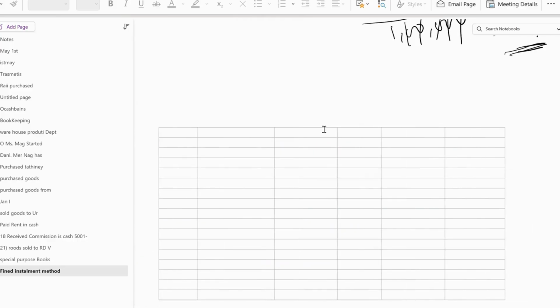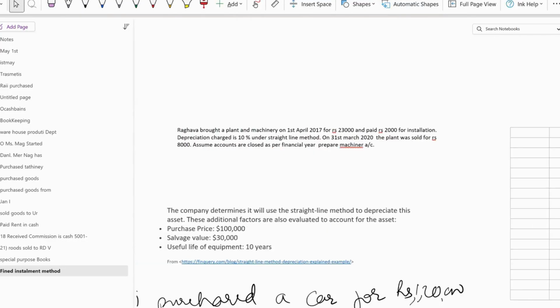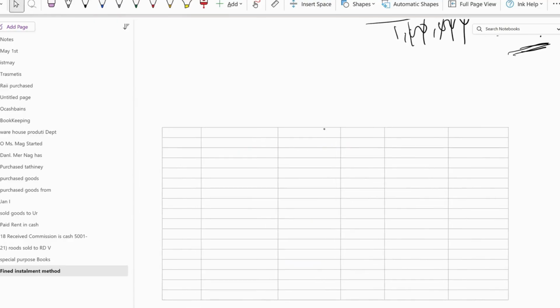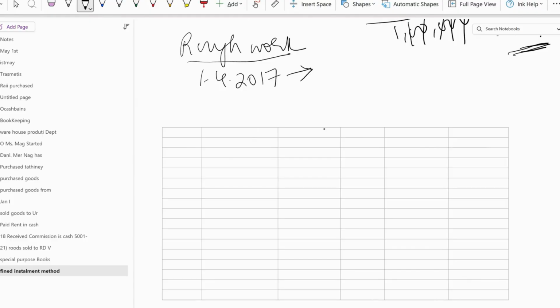Okay. Now first one, when did they purchase it? On 1st April 2017. So you have to write a rough work first. Now rough work is, when did they purchase? On 1st April 2017. What is the cost of the machine? 23,000.